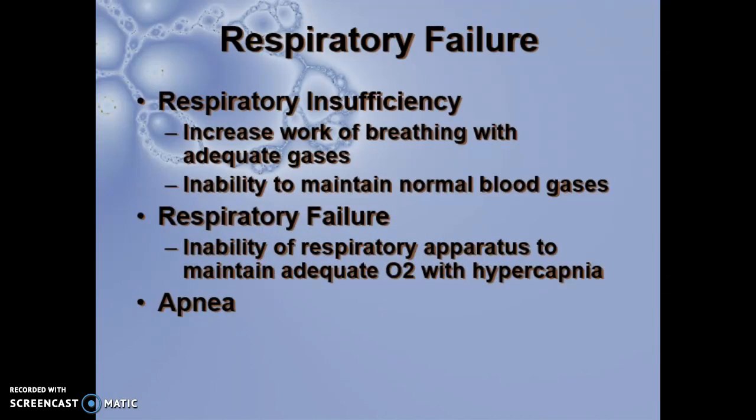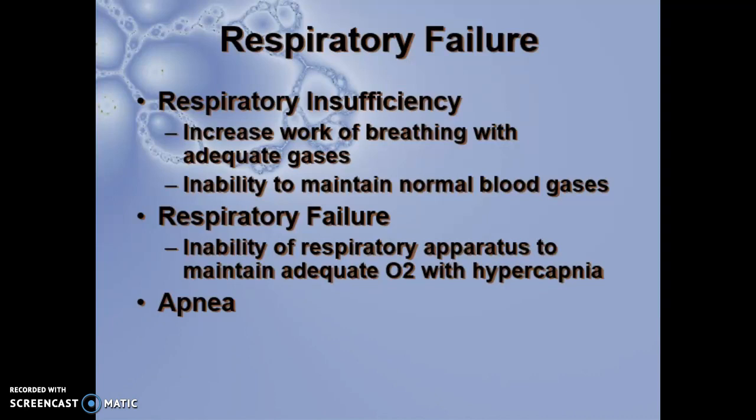So if you have a child who has respiratory failure, understand that there are different types of respiratory failure. There's respiratory insufficiency. So as you can read the definition there, this is when they're able to maintain, but it's hard for them to do. Okay, and then you have the respiratory failure.